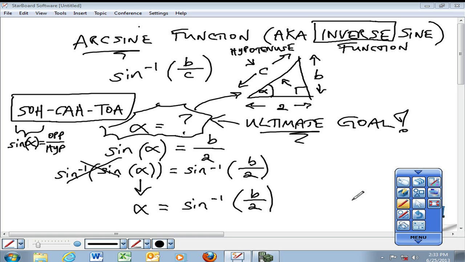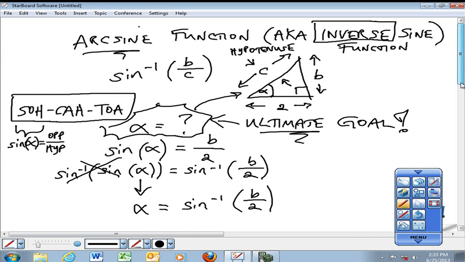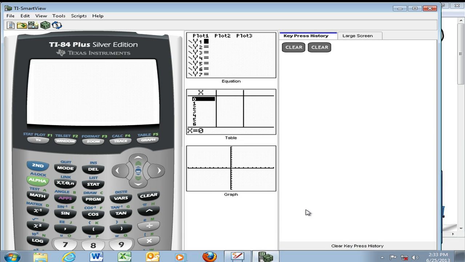All right, so now let's go ahead and see what kind of button on your calculator would represent this crazy inverse sine or arc sine function. So if you go to your calculator, take a look, right? So here's your TI, and basically what you're going to do is find it just here.